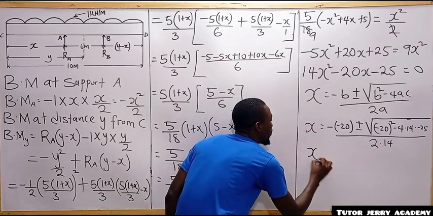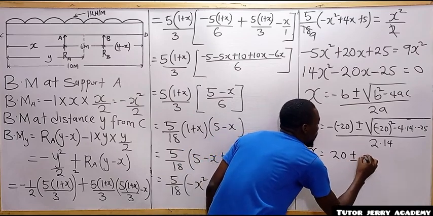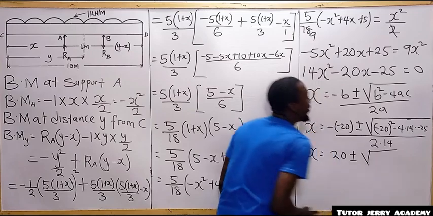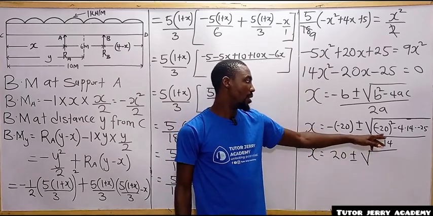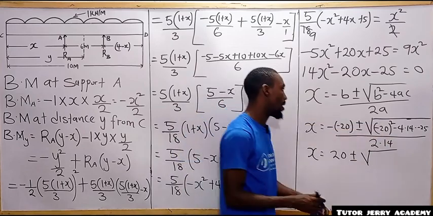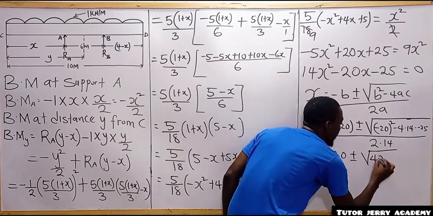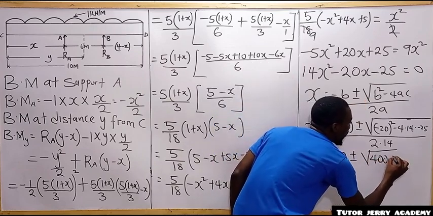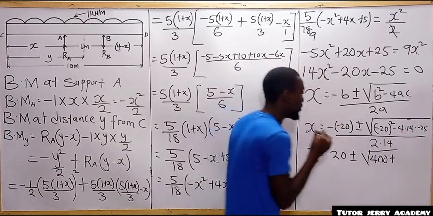So S will be equal to 20 plus or minus the square root of, if you take this and square it, negative 20 squared is 400. Then plus, you multiply everything that we have here, you are going to have 1,400.